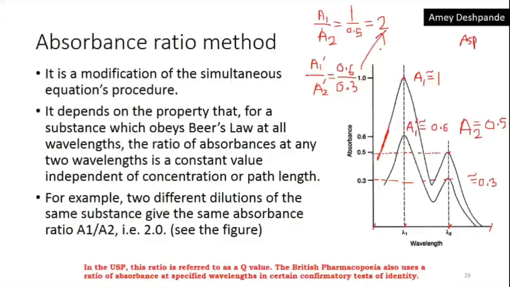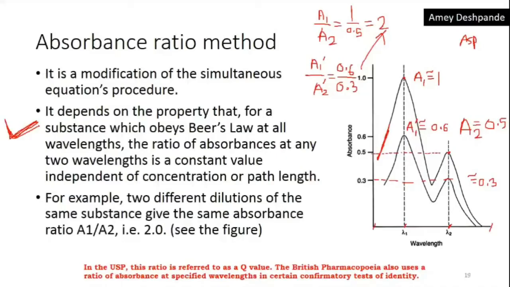So is it not the same as the previous, although the concentration was totally different? So this is the property which is constant if a substance is following Beer's law.